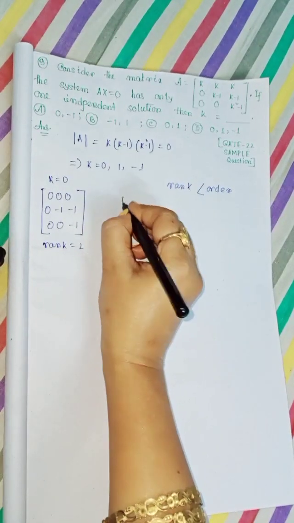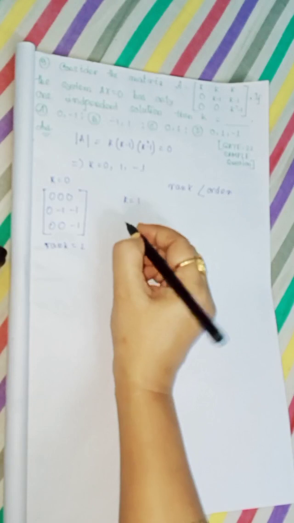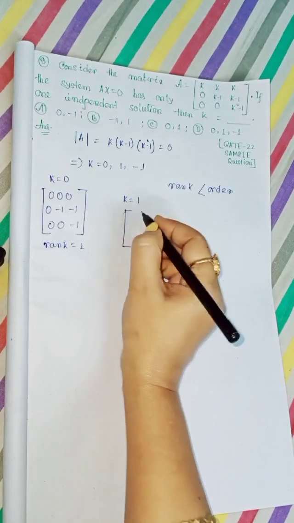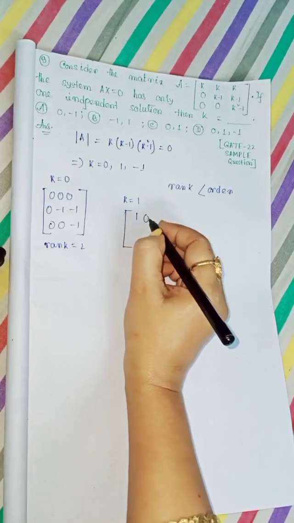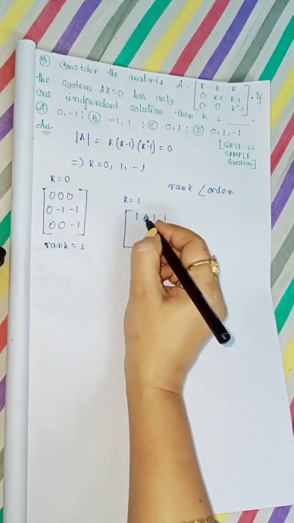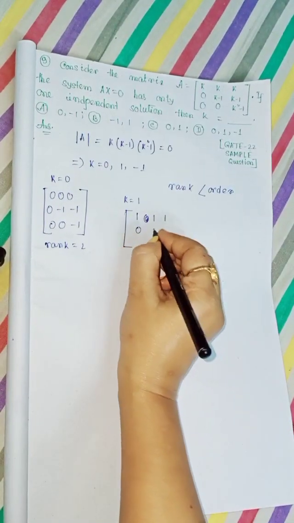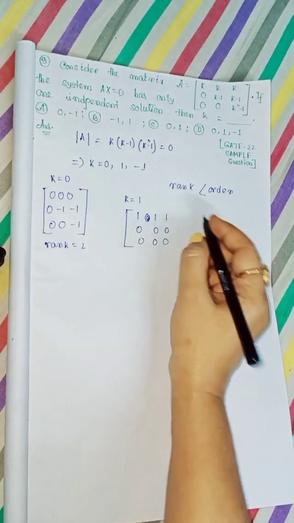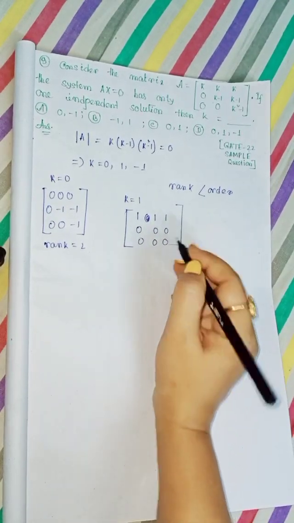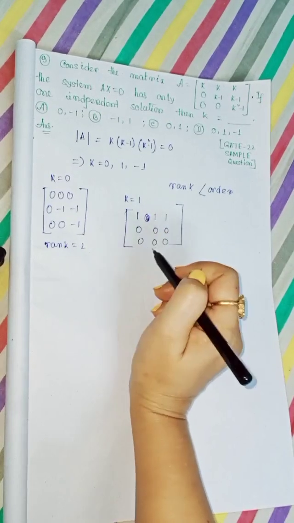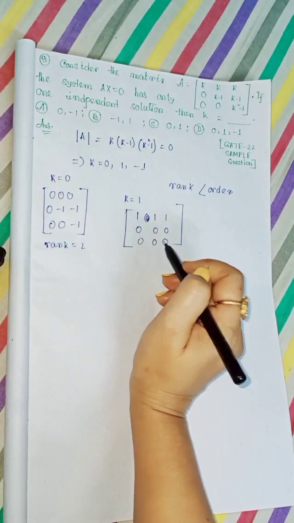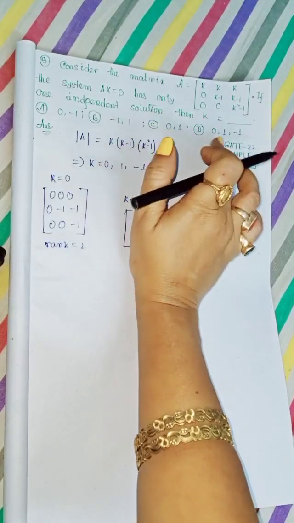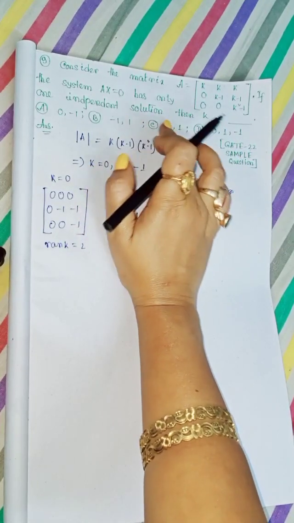Now if k is equal to 1 we take, then the matrix becomes 1 1 1; 0 0 0; 0 0 0. So we should not follow k is equal to 1 because rank is equal to 1, and the given condition is 1 independent solution.